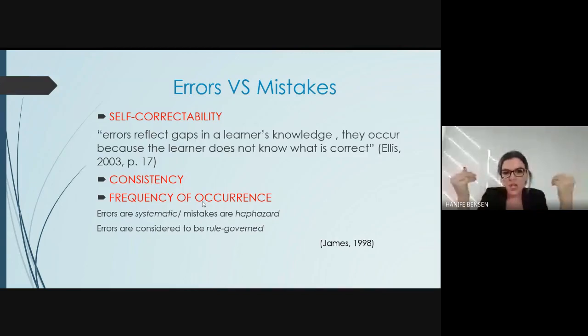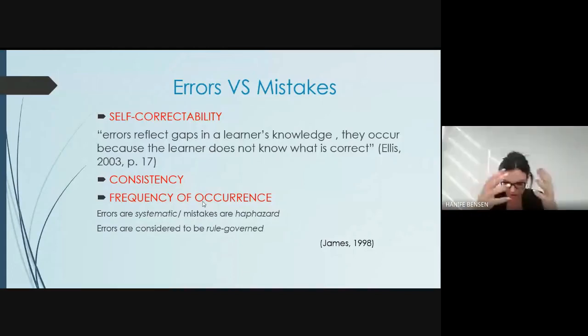Errors reflect gaps in a learner's knowledge. They occur because the learner does not know what is correct. So in our English as a foreign language classrooms, if our students do not know what the correct version is, then we say that this is an error. Okay, this is the first criterion to differentiate between errors and mistakes.